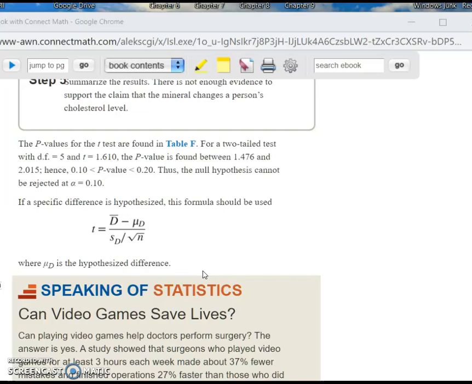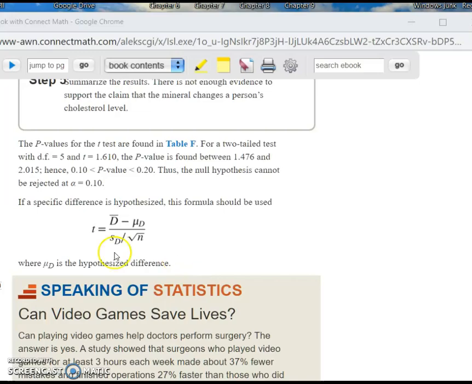We calculate all those, and that gives us an X bar. On the exam it was X bar. In the book they called it D bar. Same idea. From there we just do our calculations. The hardest part is understanding that the random variable is not the test scores themselves. The random variable is the delta test scores, the score before and after.